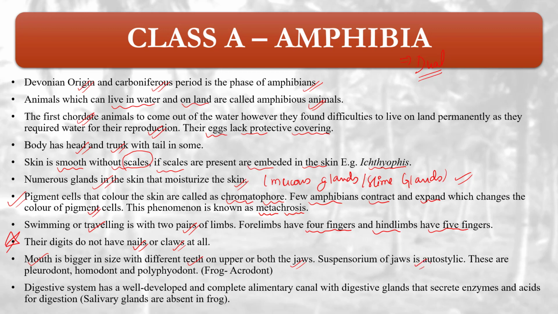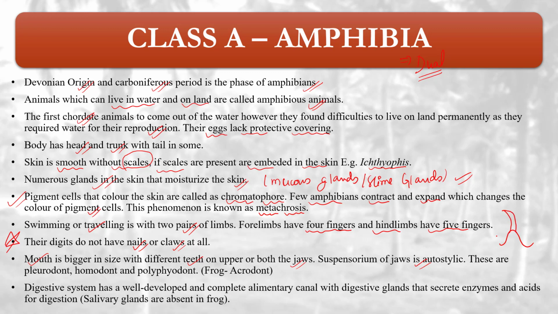Suspensorium of jaw is autostylic. Previously, it was hyostylic. In case of bony fishes nearer to the amphibians, they were autostylic. So, suspensorium of jaw is autostylic. Okay, teeth are pleurodont, homodont, or polyphyodont. Fishes were acrodont, meaning the tooth was arranged on an alveolar ridge, like this is the alveolar ridge, and the tooth was arranged like this.